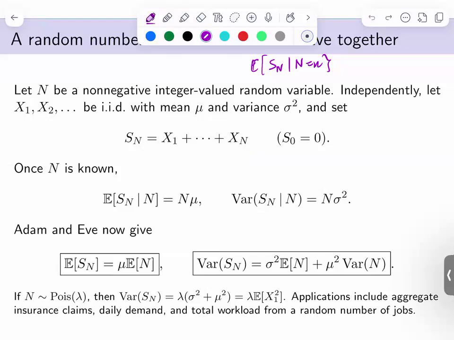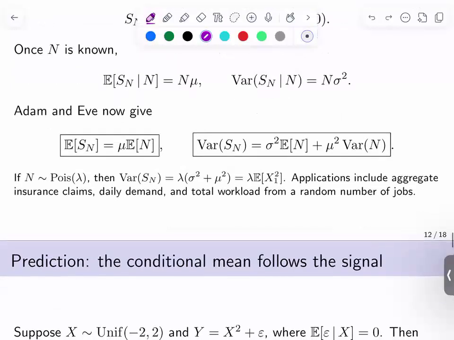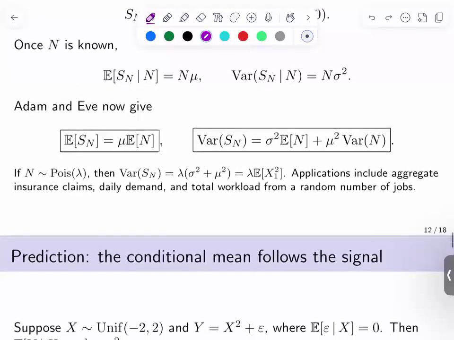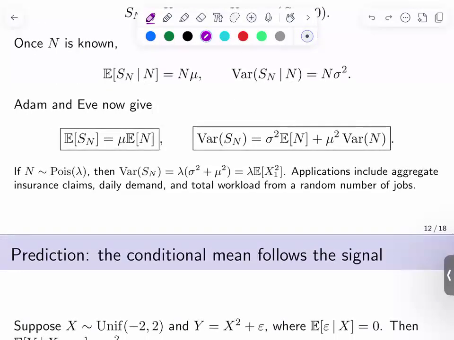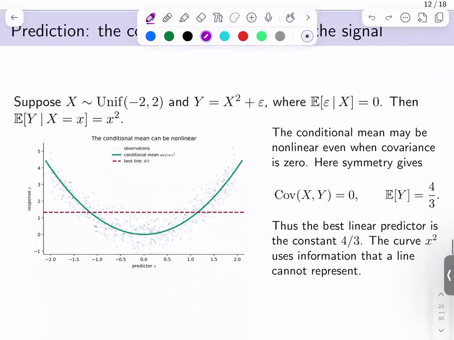And once you're done, you replace back with capital N, you get a random quantity. For example, if N is Poisson, the mean and the variance would be the same. So you get something like this, which is interesting. Just read about this line. Okay.